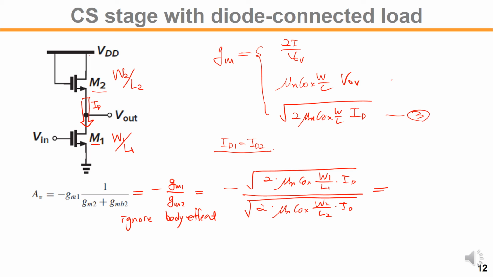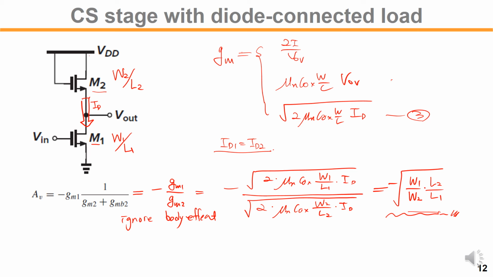That equation gives us the square root of W1 over W2 times L2 over L1. As you can see, the gain of this diode connected load is just defined by the device size ratio. The device ratio will set the gain.